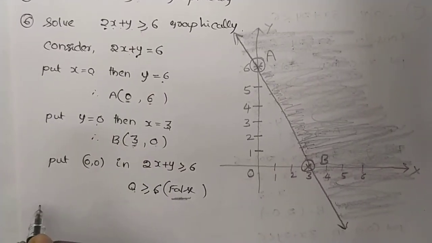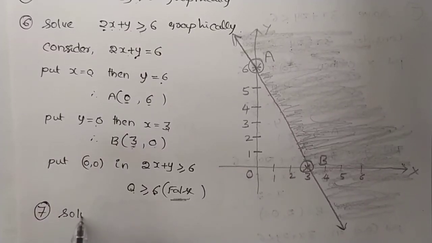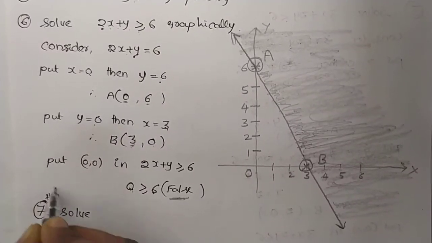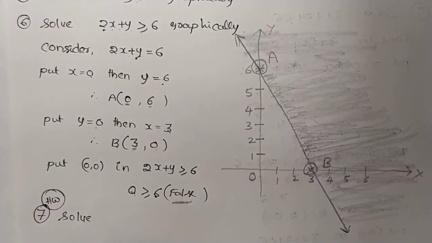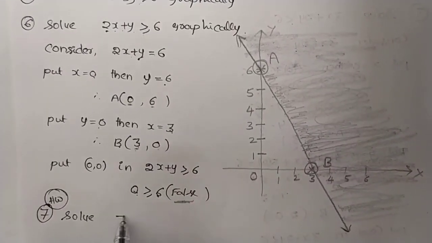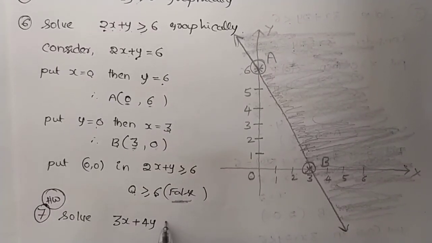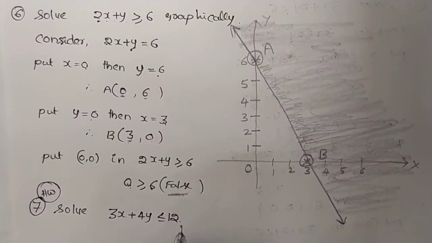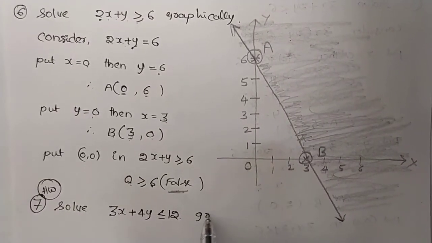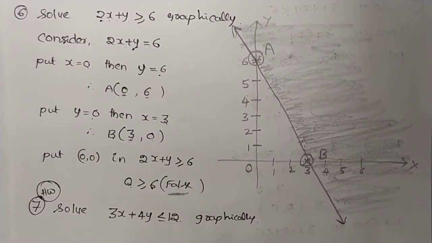Based on this question, let us take one homework problem. Solve 3x plus 4y is less than or equal to 12 graphically.